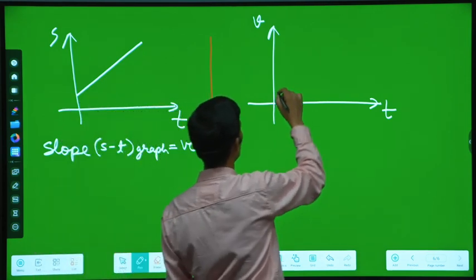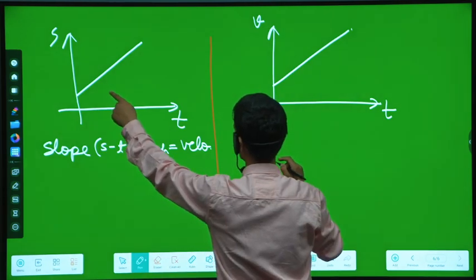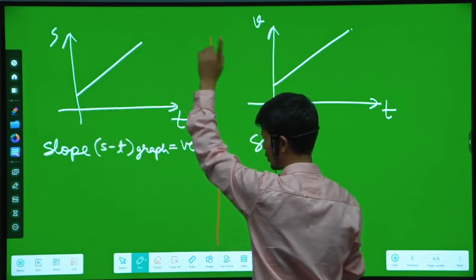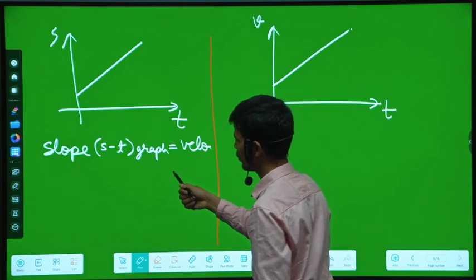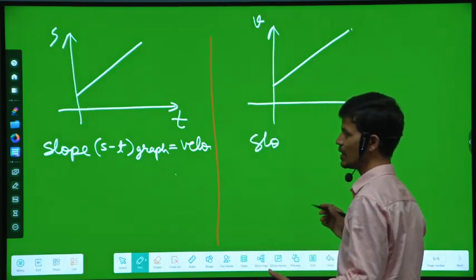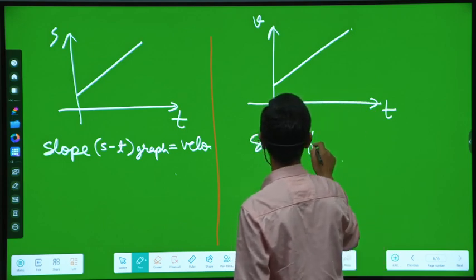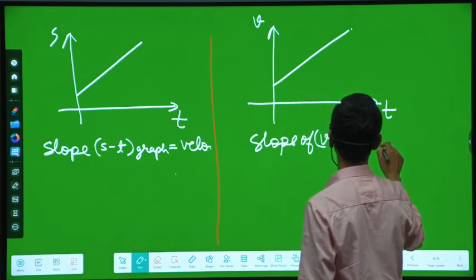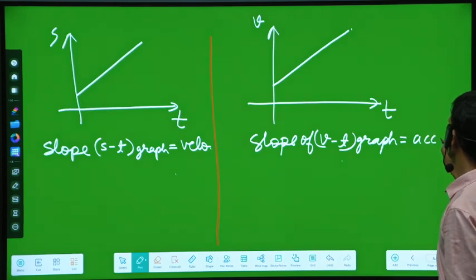and the slope of a VT graph, and I'm not saying that I am copying it here. This is a different kind of motion and this is a different kind of motion. You know which kind of motion is this and which is that. I'm just explaining slope in both cases. The slope of a VT graph gives acceleration.